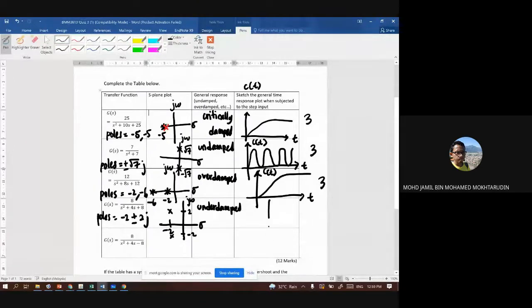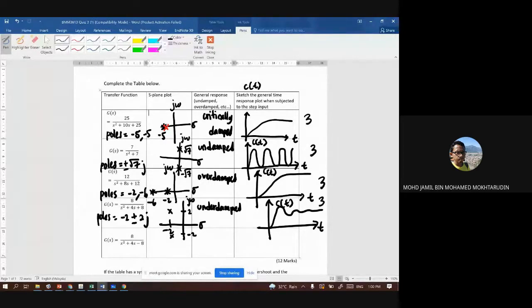And then the time response, you have some overshoot. And this is also 3 marks. The last one here, there is no marks. This last one is just to test you on whether you are smart or not.